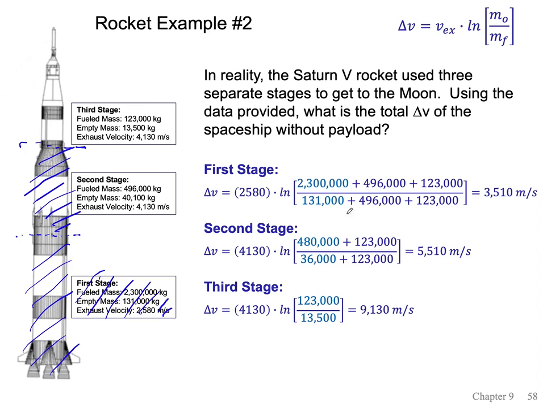You might say, well, that's not that much larger. Yeah, but think about it for a brief moment. First stage gave us a boost of this. Burning the second stage gave the second and third stage a boost of this. Burning the third stage gave a boost of this. What was the total delta V? It's the sum of all three of those, or 18,100 meters per second.